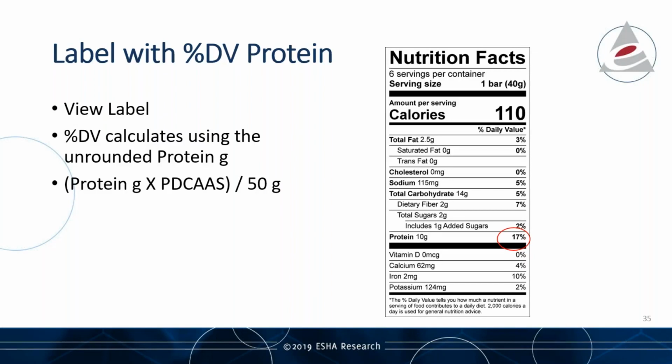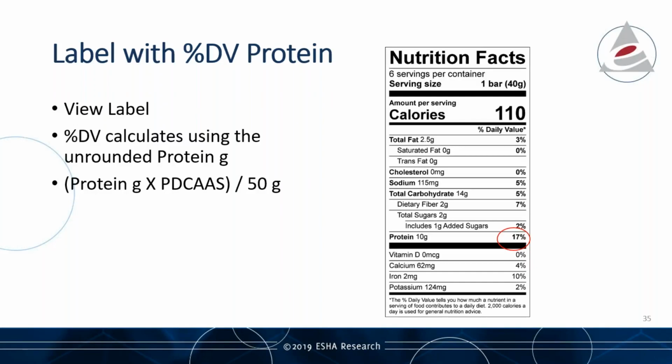So the grams of protein rounds up from 9.54 to 10 grams per serving, but the percent DV factoring in the PDCAAS reports a 17%, which is appropriate because I know my product has a little less than complete protein, and that's reflected on this label.